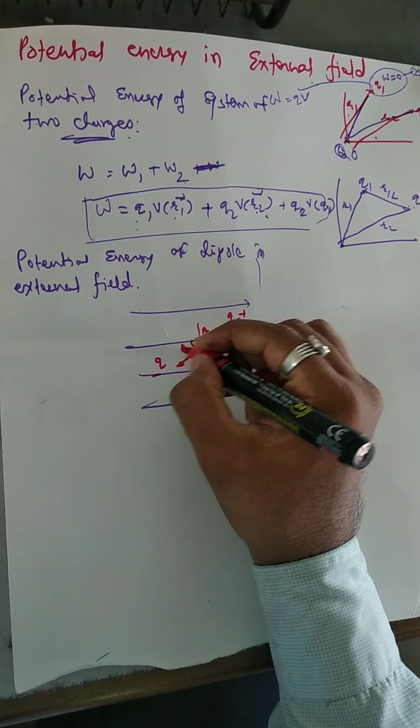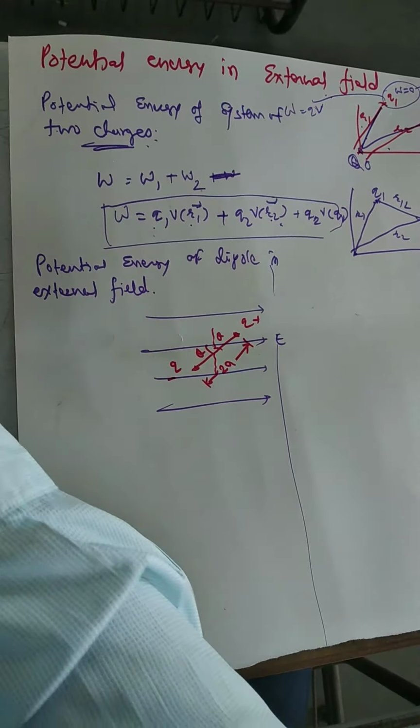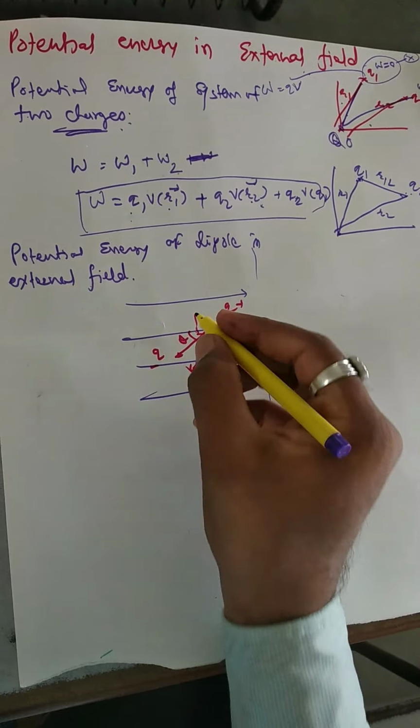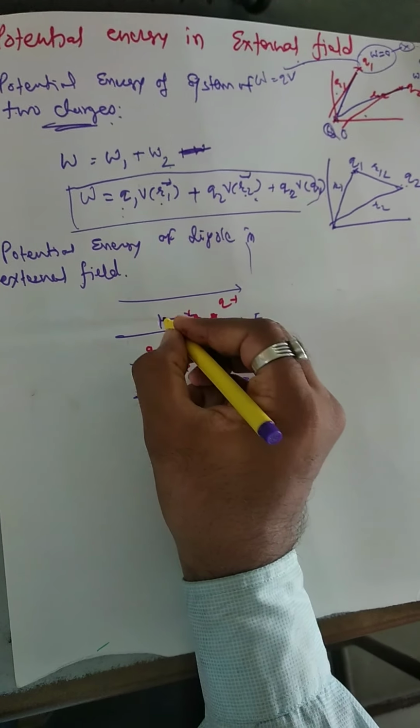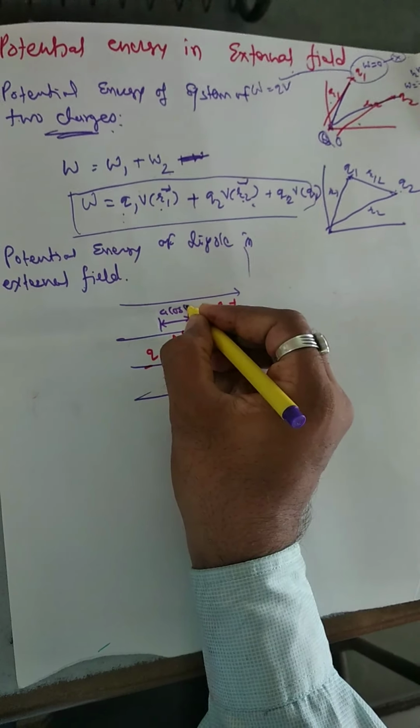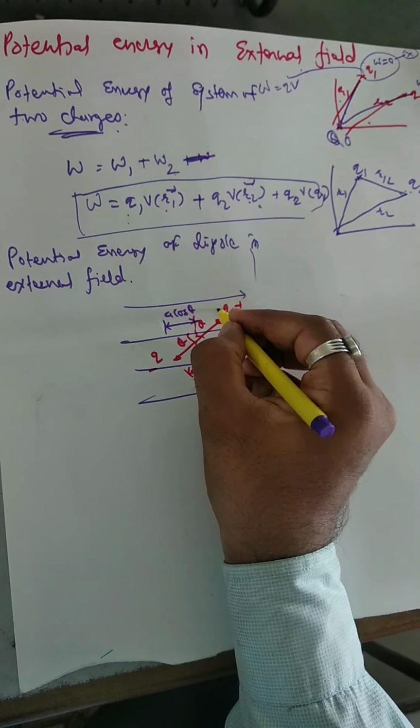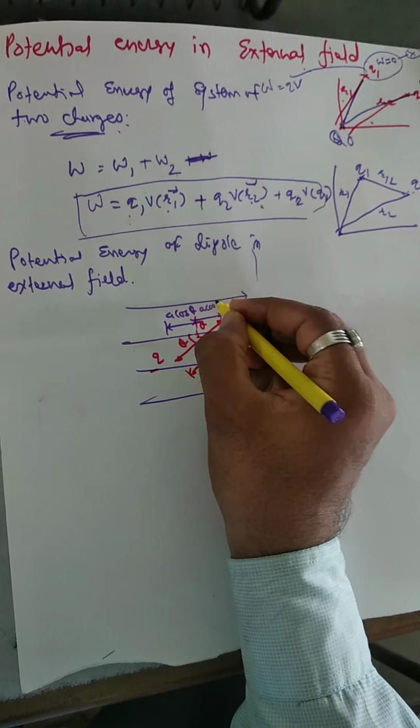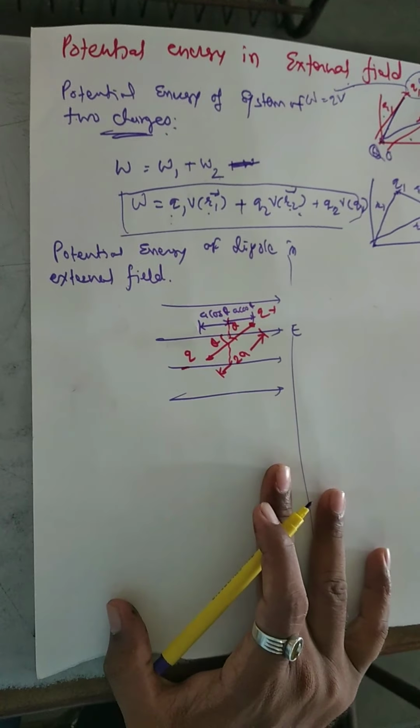This angle is theta, so this angle will also be theta. If we want to find this horizontal distance, it will be a cos theta. This will also be a cos theta. Clear?